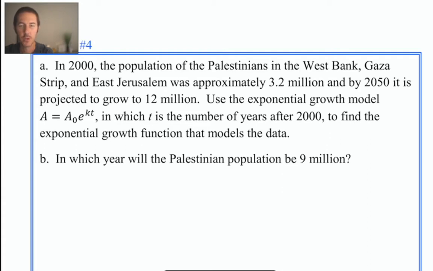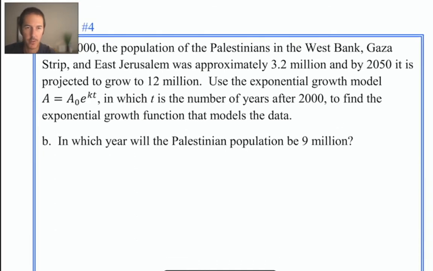So the first thing we're going to do is use existing data in order to basically design a formula. And then in part B, we're going to use that formula in order to try to make an estimation about when the population will reach 9 million.